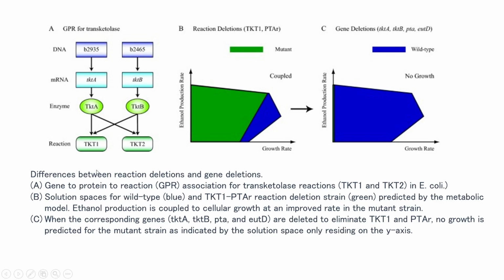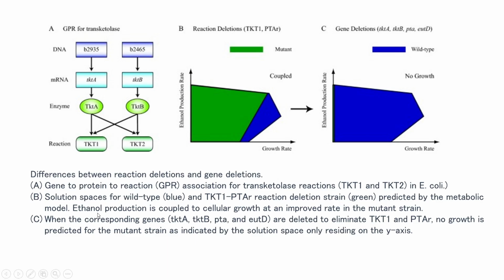The blue is the wild type solution space, and this is the TKT1 PTAR reaction deletion strain, given in green, and ethanol production coupled to cellular growth is seen at an improved rate in the mutant strain.